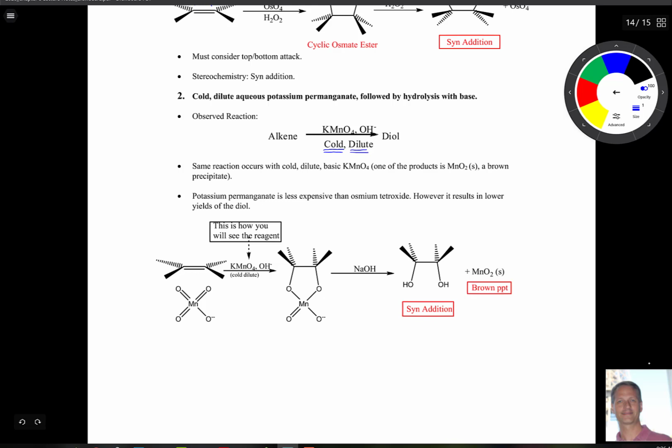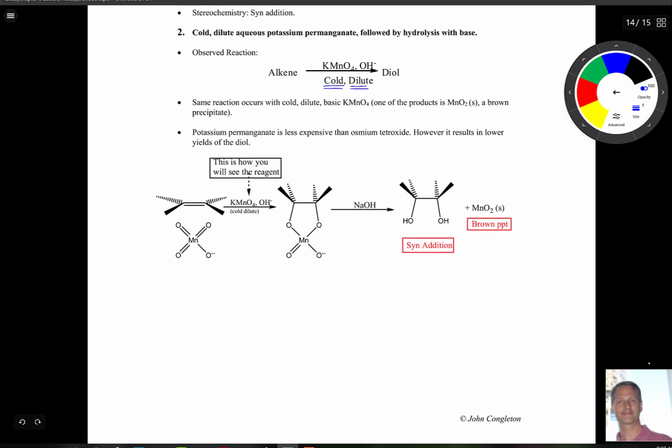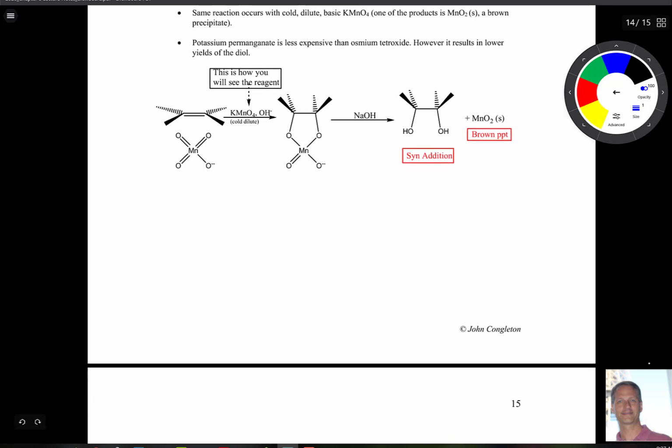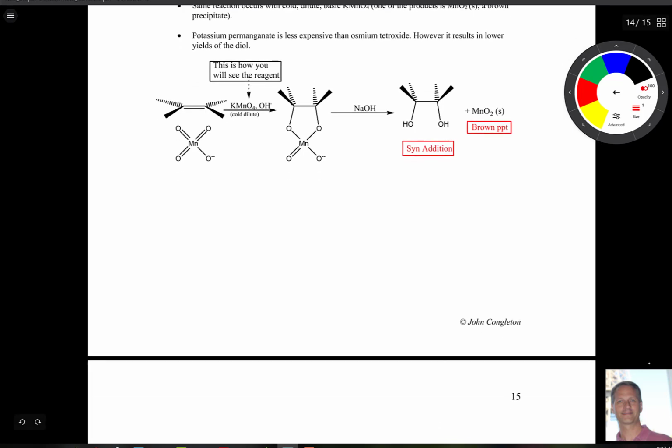So what forms here is a syn addition, and it works almost the same way as we saw the last reaction occurring. Right, you see your MnO4, except now you have a minus charge here, right, on the oxygen.